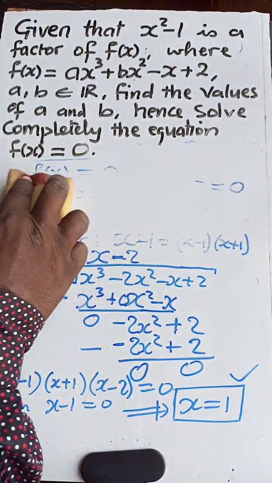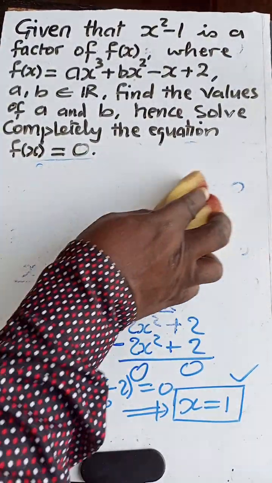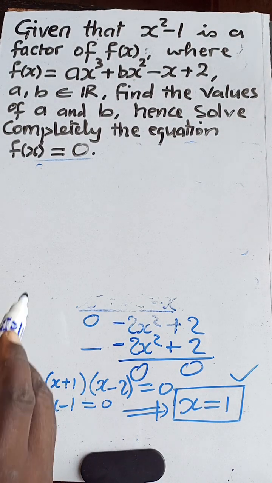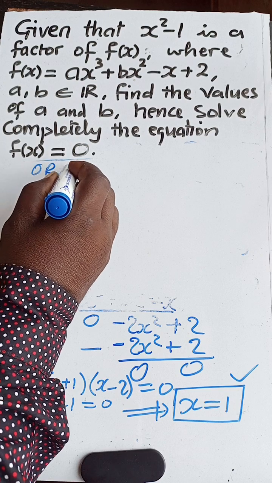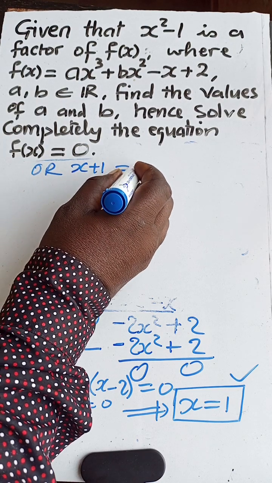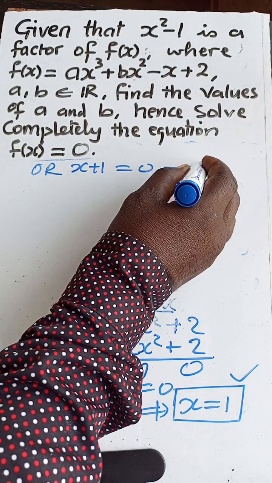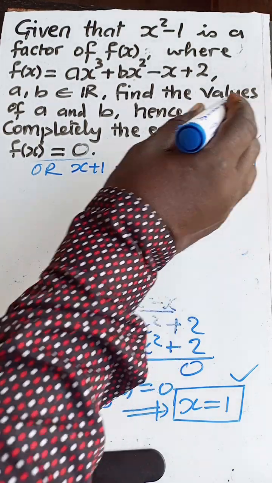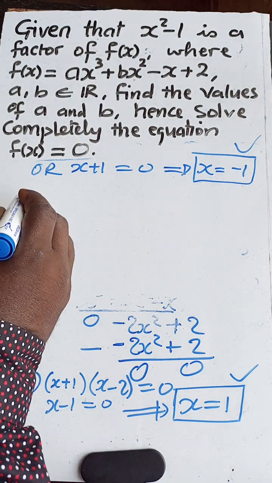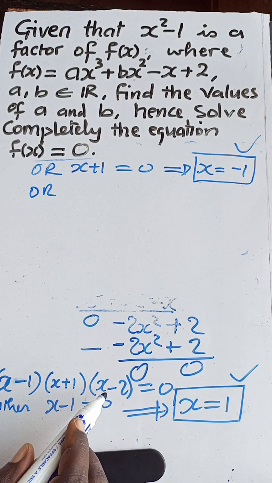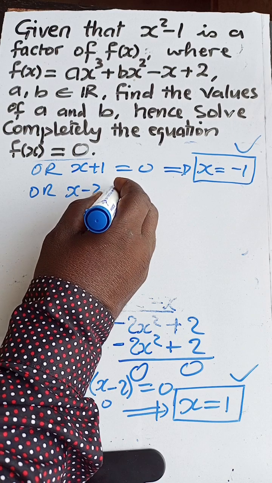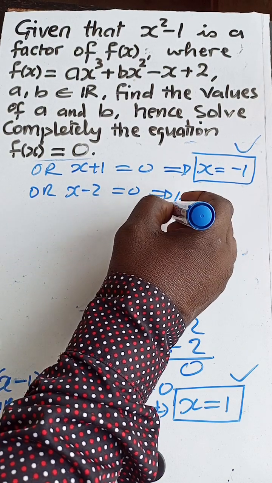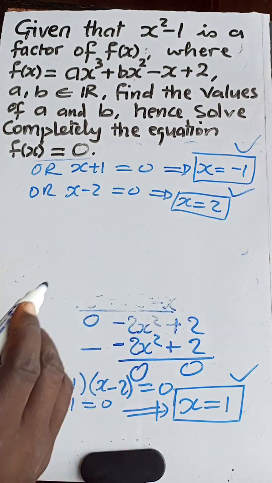Or x plus 1 equals 0, which therefore means x equals negative 1 is our second solution, or x minus 2 equals 0, which also means that x equals 2 is our third solution.